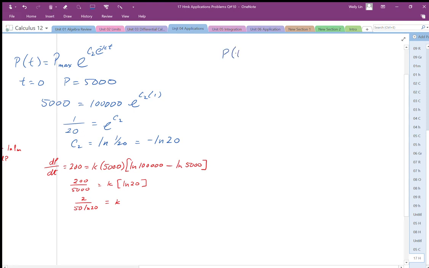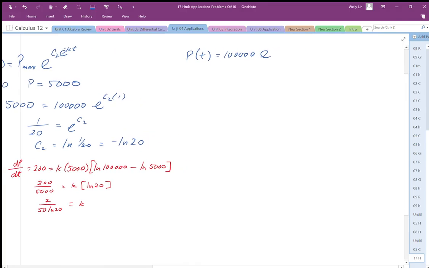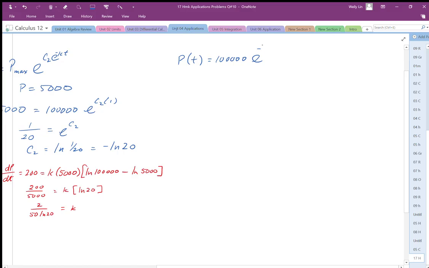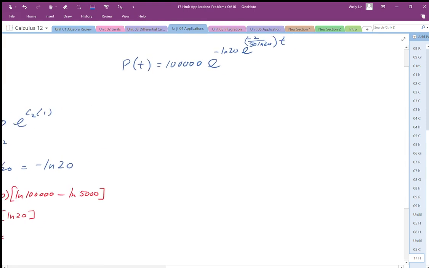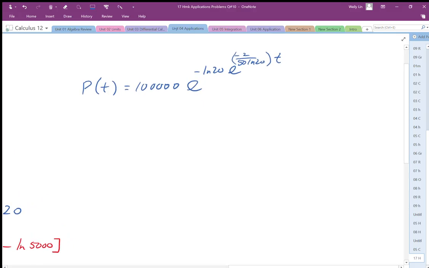So the specific solution is P of t is equal to 100,000 e, my C2 I solved for as negative log 20, e to the negative k, so k is going to be negative 2 over 50 log 20, and that's times t. Okay, so there's the equation that I'm going to use to calculate the P at 100 days.